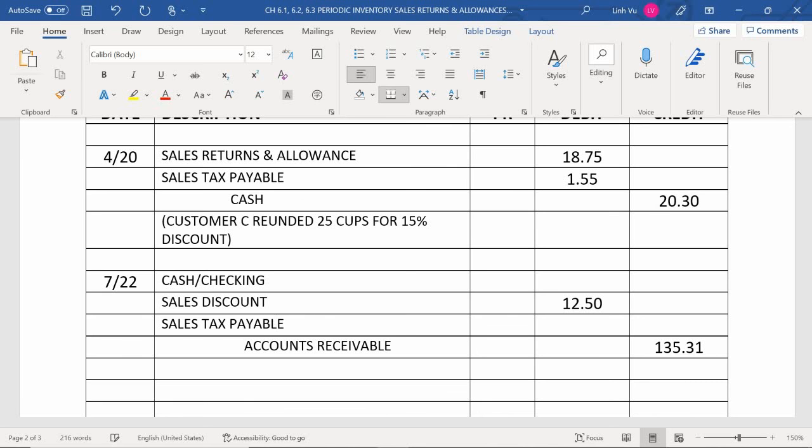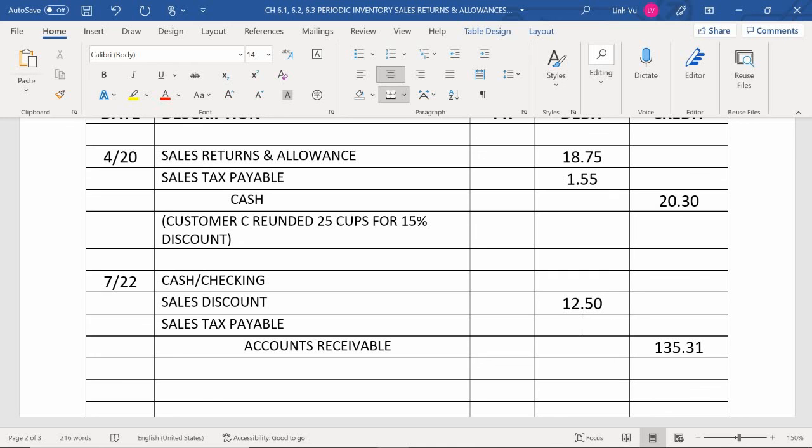How much am I going to give back off of $12.50? $1.03.